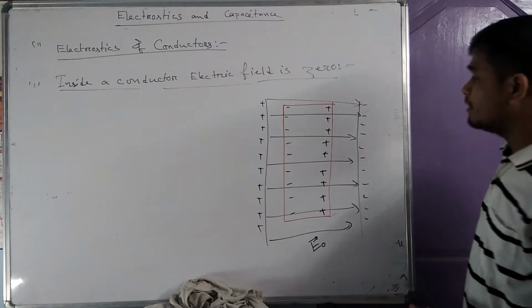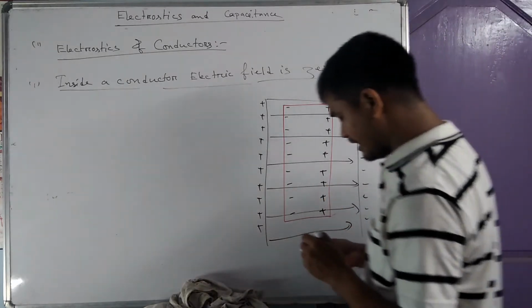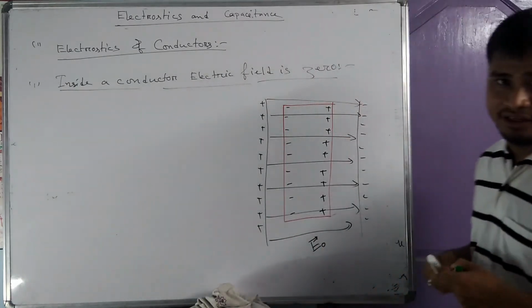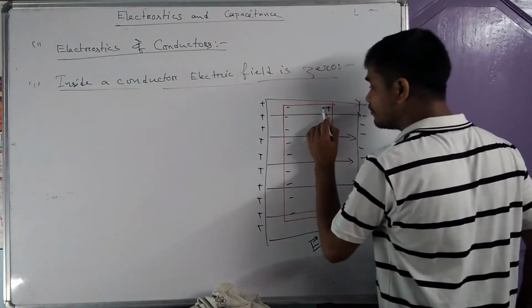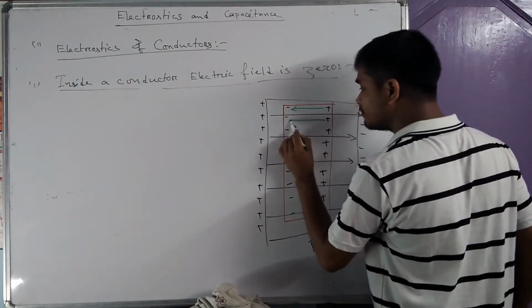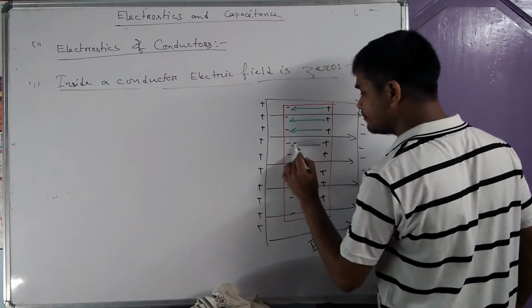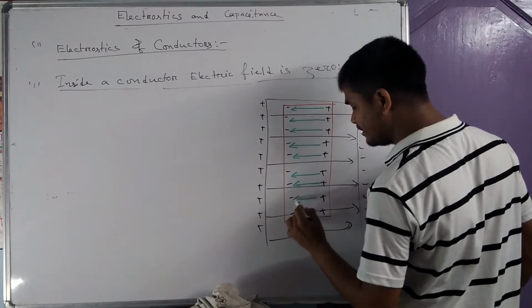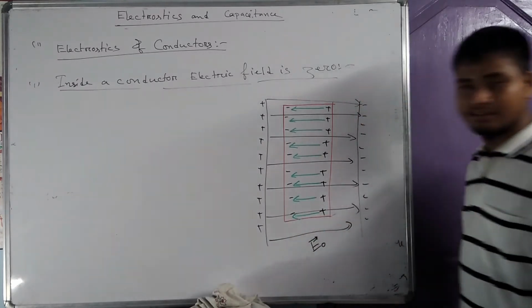Clear? Then what will happen? There will produce an electric field called induced electric field, that is in the direction from plus to minus. This is the direction of what? Induced electric field in the conductor.